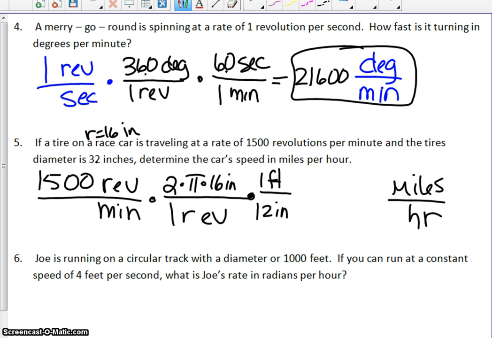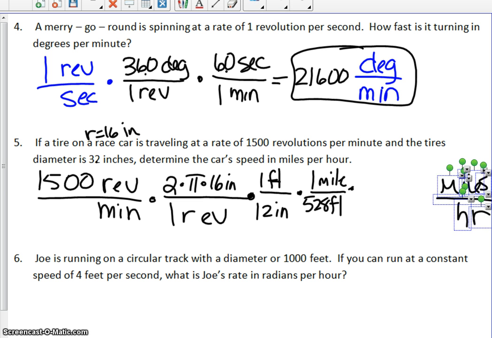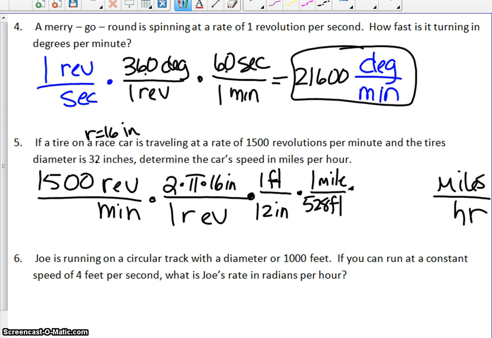Okay, I know that there are 5,280 feet in 1 mile because I had to have miles in the end. I am running out of space. That's okay. We will move it. Here we go. And then I know we have 1 more left. I have to turn minutes into hours. I know there are 60 minutes in 1 hour.